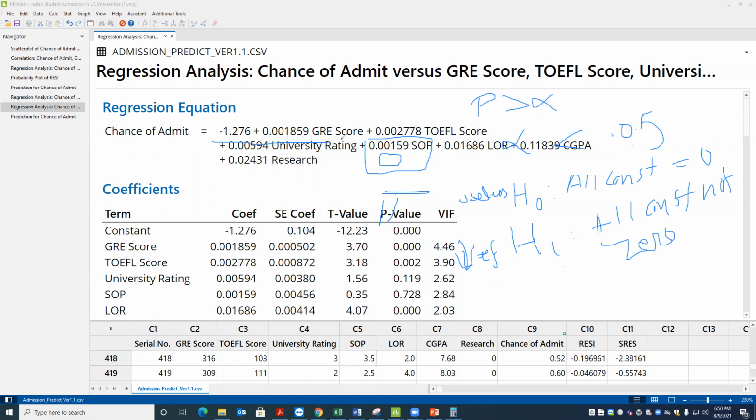Similarly, for university rating, if this is 0, then these two are not playing any importance or significance in this chance of admission regression model.